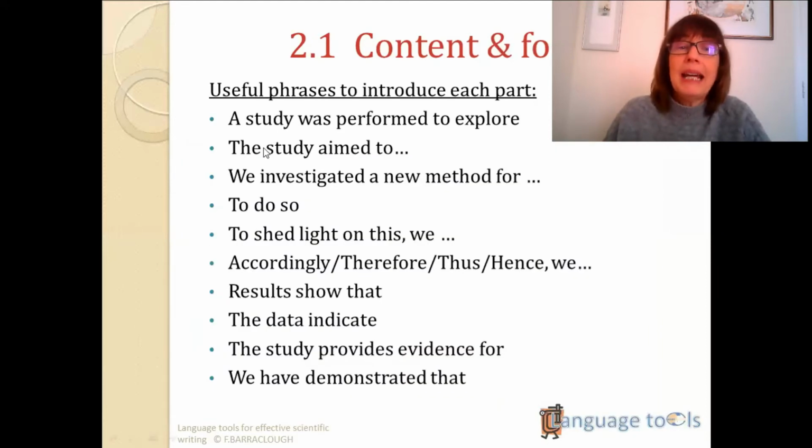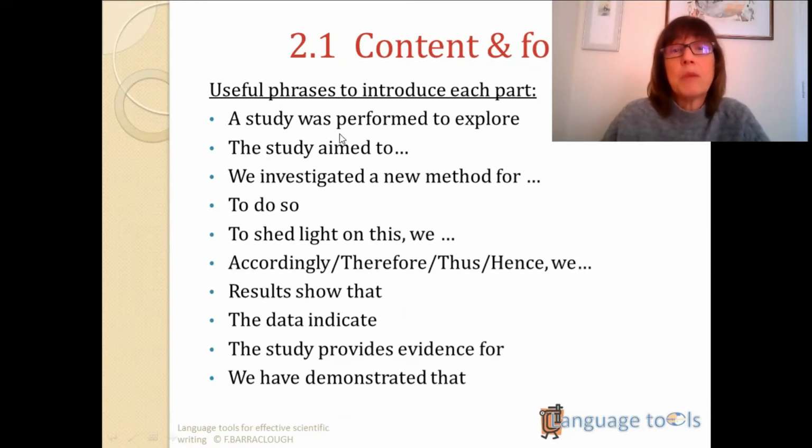So here I have listed a few phrases that you could use to introduce each part, okay? If each section or component of your abstract is not introduced by a subheading, then perhaps you could signal the different components using, for example, some of these expressions or others, okay?